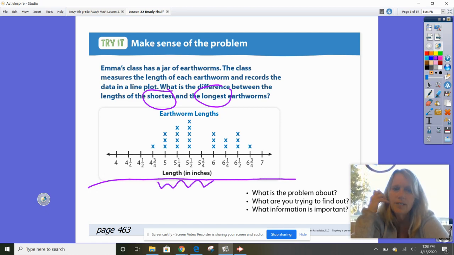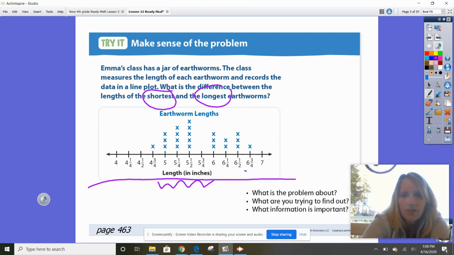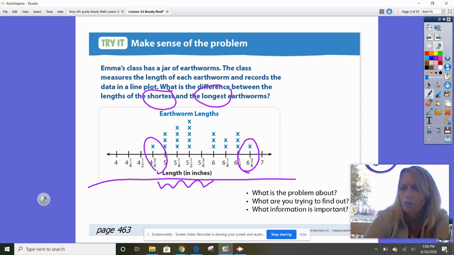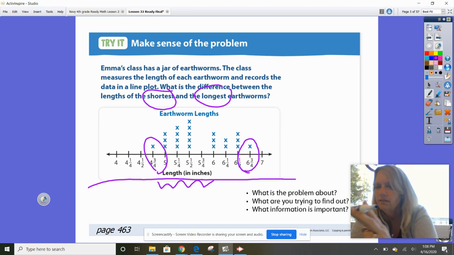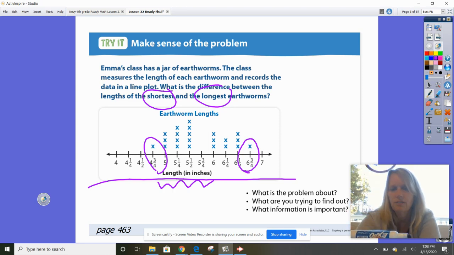Each X represents a worm. So we've got the longest there, 6 3/4. That's a pretty good size worm. 4 3/4 might be not quite a whole expo marker, maybe just to there. Okay, so that's the important information.